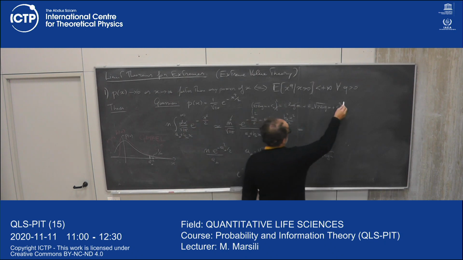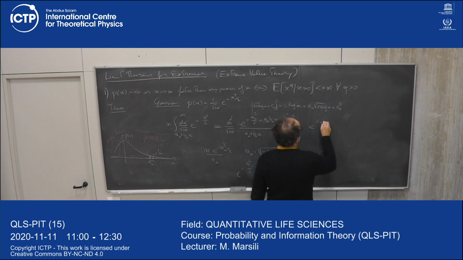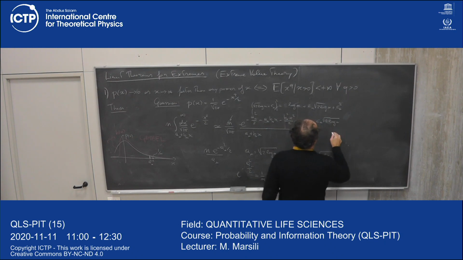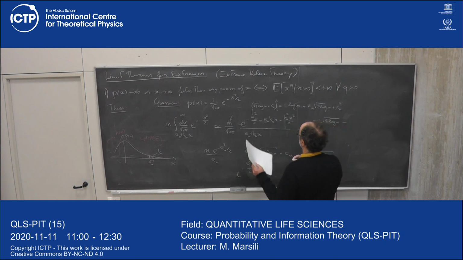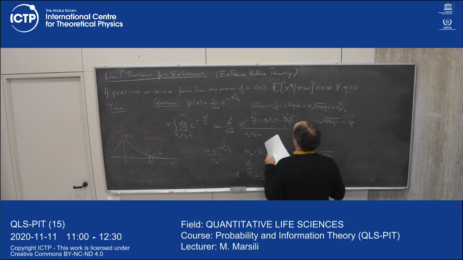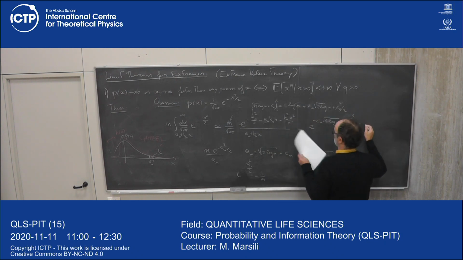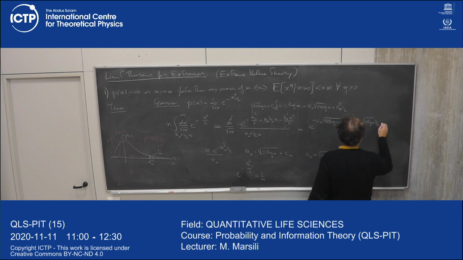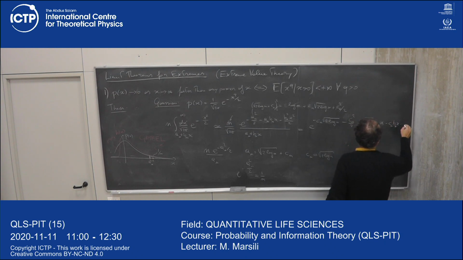Then this will be essentially subleading. So what I have is e to the minus Cn square root 2 log n, minus Cn squared over 2, minus an times bn, so square root 2 log n times bn x, minus Cn bn x, minus bn squared x squared over 2, okay?